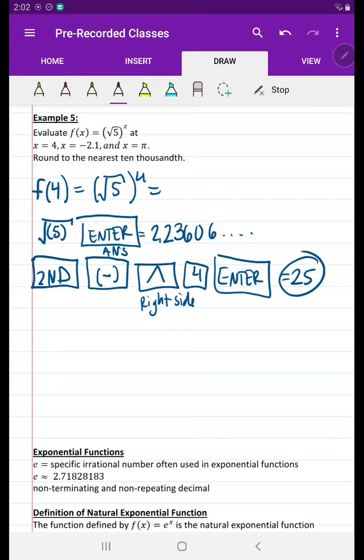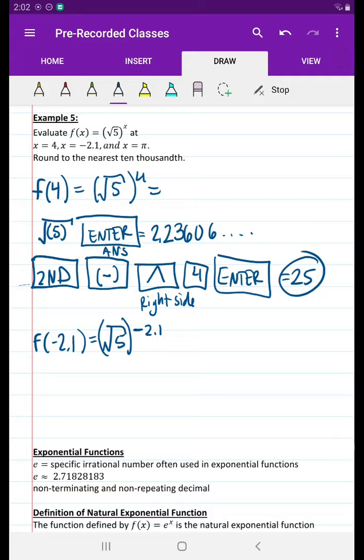So let's do the same thing. We'll run through the same process, push the same buttons for f of negative 2.1. So f of negative 2.1 is going to be the square root of 5 raised to the negative 2.1, right? And then if I use the correct negative, I can just punch this into my calculator.